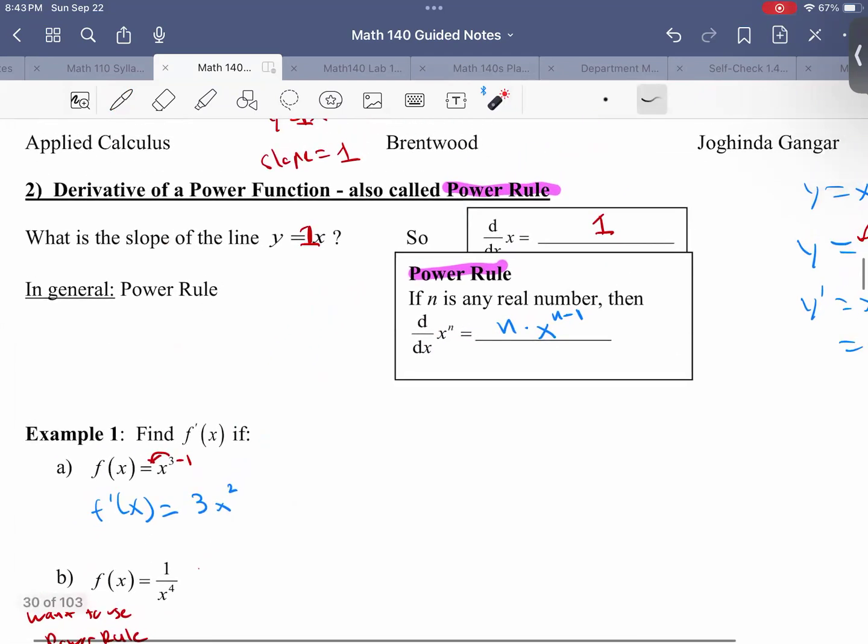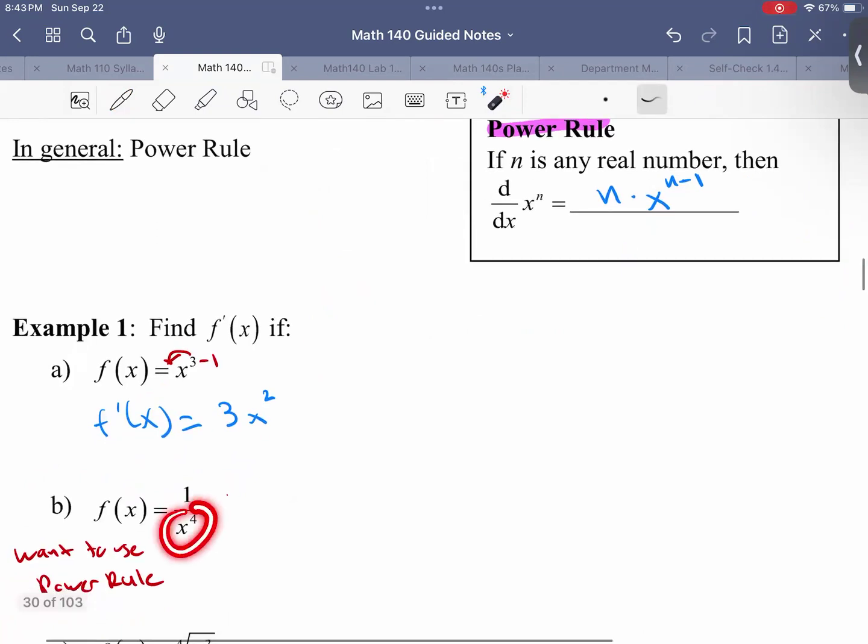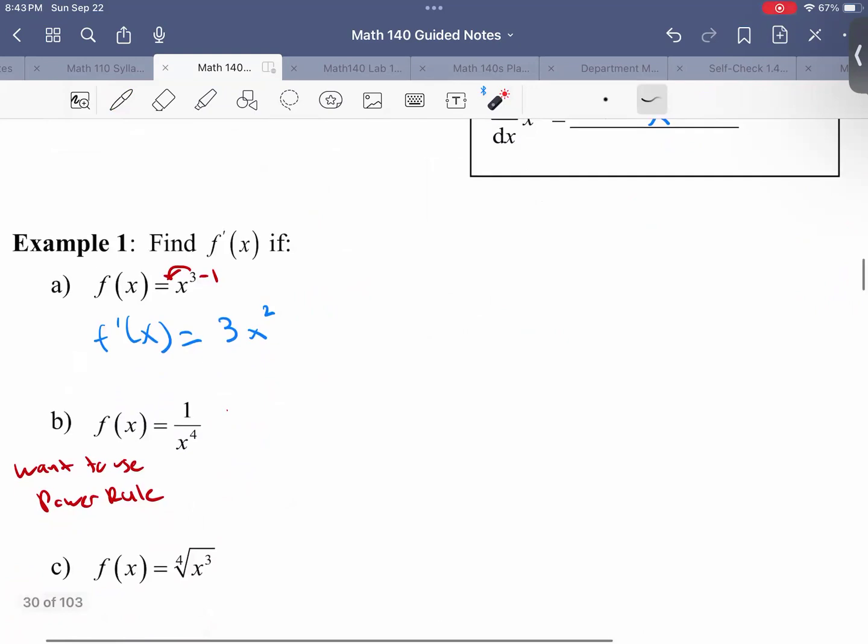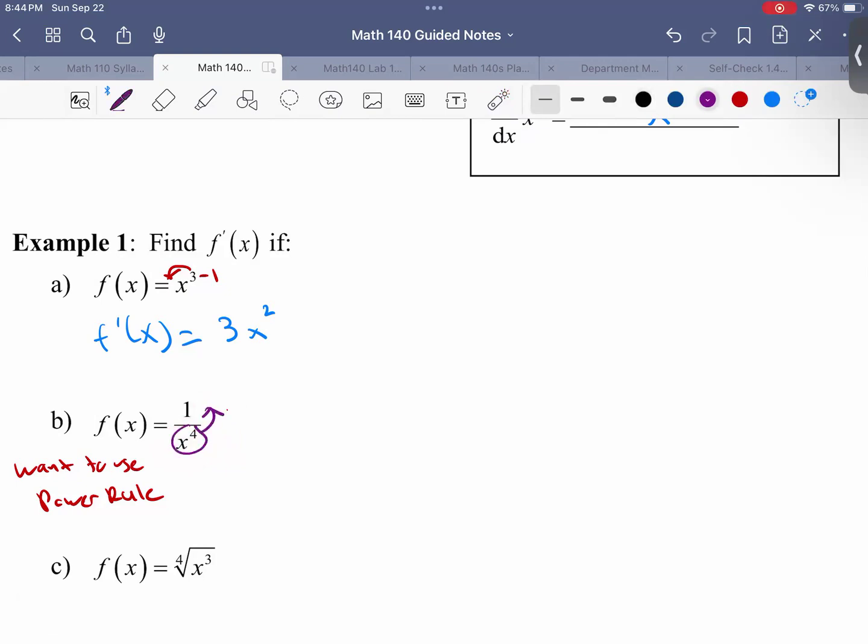So what I need to do is bring this guy up to the numerator. And that's just exponent properties. If I bring this guy up, it's going to be x to the negative 4, but I'm allowed to bring it up. So this becomes x to the negative fourth now, because I brought that exponent up.